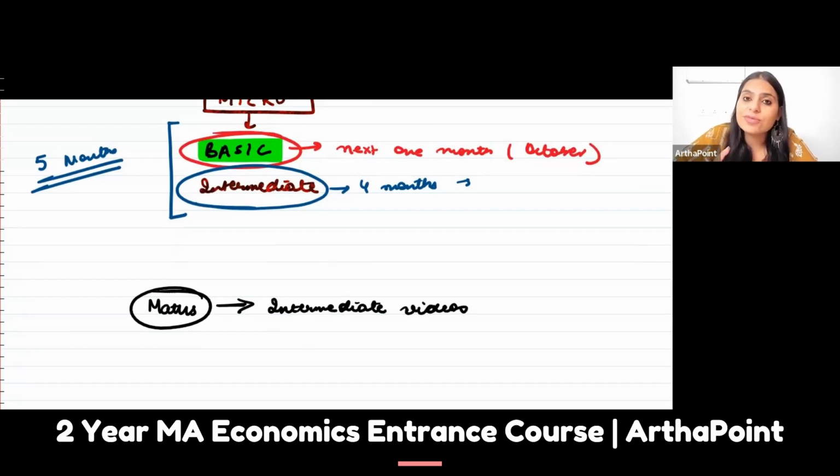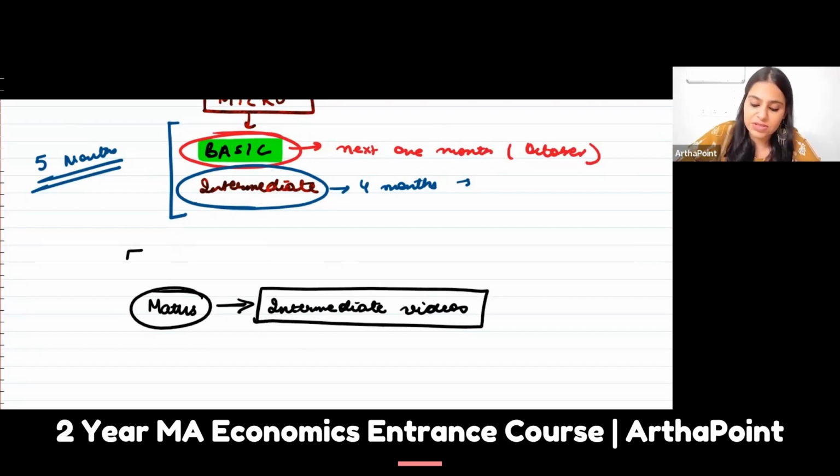So if you think that you are not very thorough with basic differentiation and with basic integration, my suggestion would be to go ahead and pick up this maths simultaneously in these 5 months.